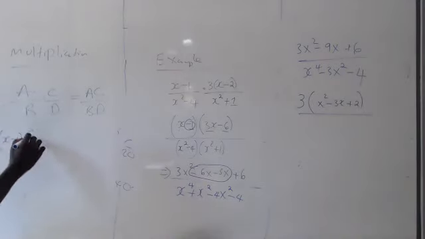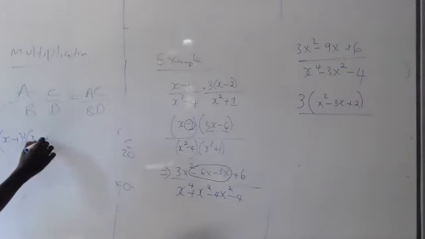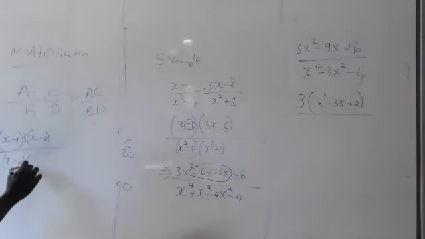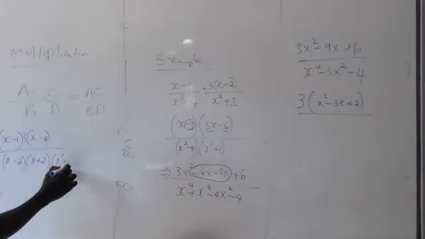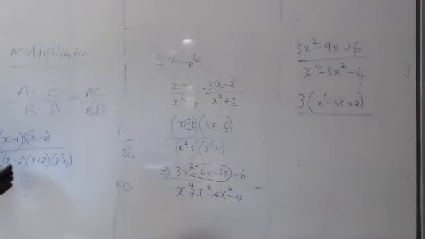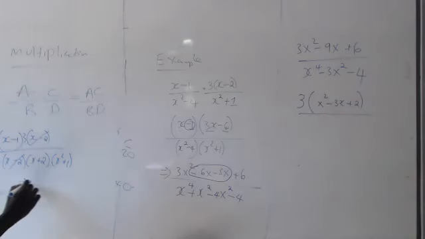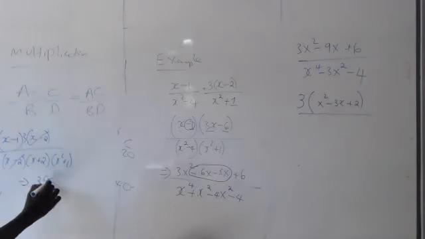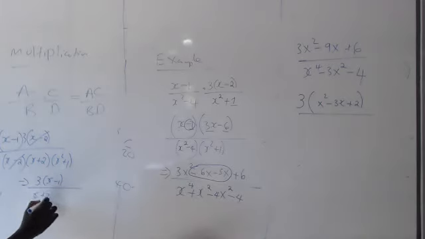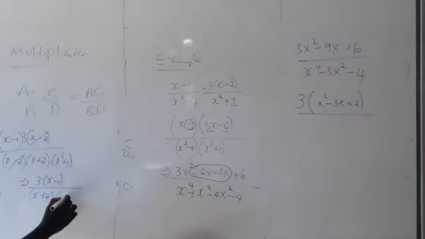You take x minus 1 times 3 into x minus 2, over x minus 2 into x plus 2 into x squared plus 1. And then now you cancel out the x minus 2, and you will arrive at 3 times x minus 1 divided by x plus 2 into x squared plus 1. Yes, that is the simplest way to do it.